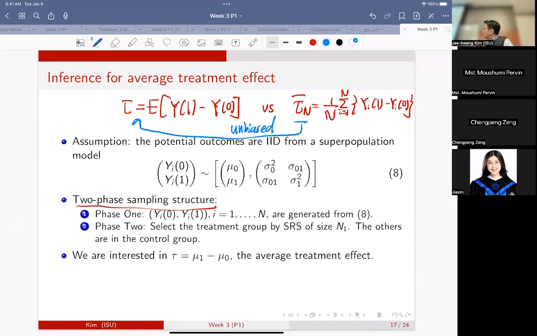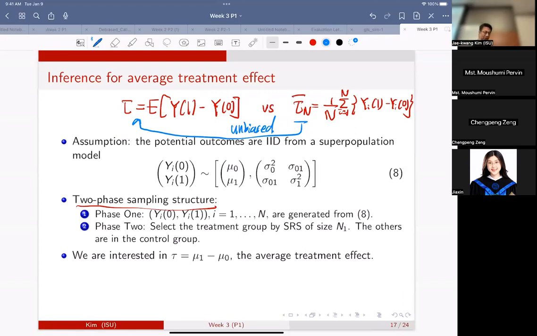And then the problem is that you don't observe Y0 and Y1 altogether. So you need an additional thing, which is phase 2, a randomization. You have a randomization in phase 2, and then you want to consider the randomness in the whole two-phase structure, not conditional on F.